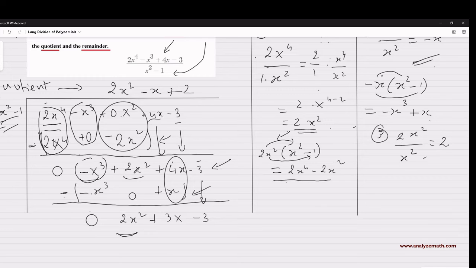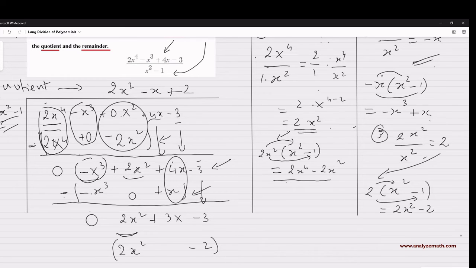Next, I multiply the 2 by the divisor, x^2 minus 1, which gives me 2x^2 minus 2. I put it here, aligning like terms.